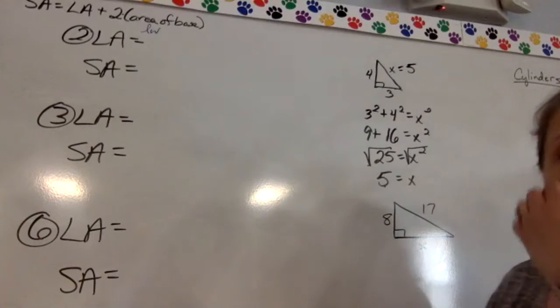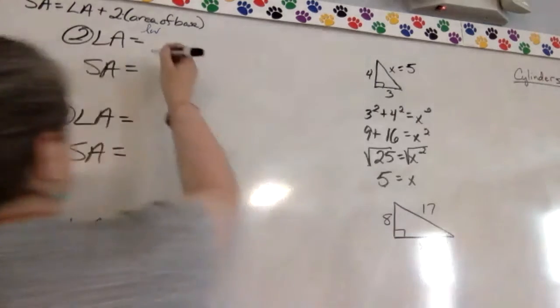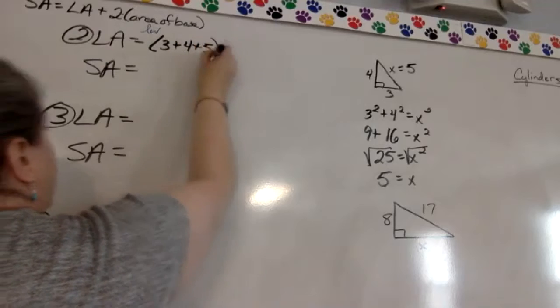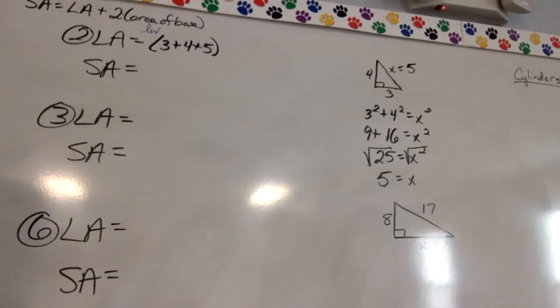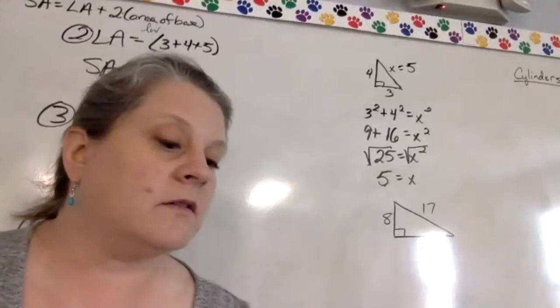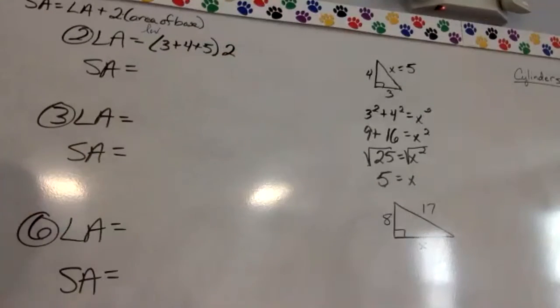So when I'm going to find the perimeter of the base for a triangular prism, you just add the 3 sides together. So you're going to have the 3 sides added together, 3 plus 4 plus 5, times the height of the prism, which is the distance between the 2 triangles, which on number 2 was a 2. So you're going to add that together and then multiply it by 2.